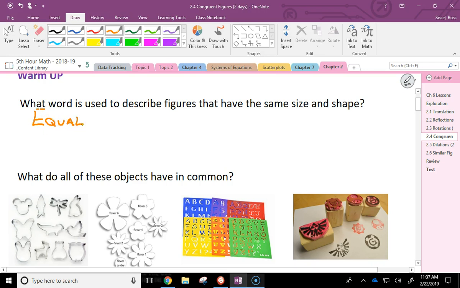I have equal. Molly? Equivalent. Same. Exact. Exact, not too far off.